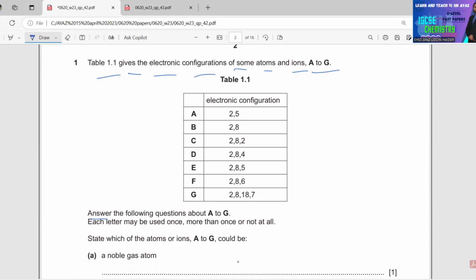Answer the following questions about A to G. Each letter may be used once, more than once, or not at all. So it's part A, noble gas atom.